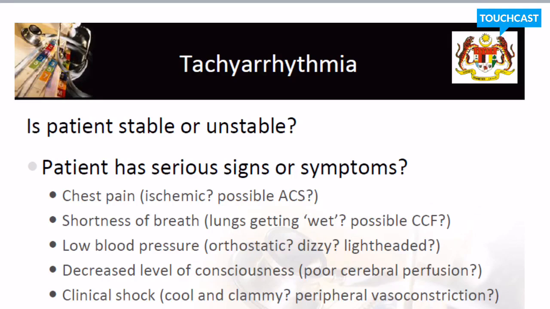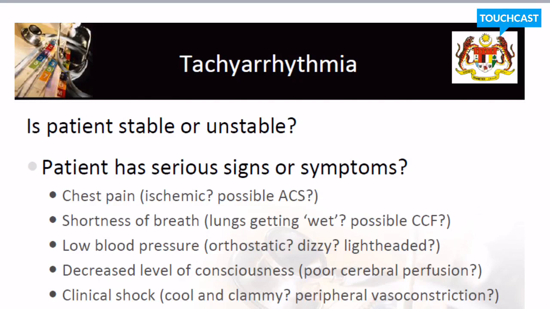Same thing when you assess for tachyarrhythmia. Again, heart rate of more than 90 is tachycardia, but if the heart rate is more than 150, you should not think only about sinus tachycardia, but you need to think about tachyarrhythmia. Regardless of the rhythm, you need to assess whether the patient is stable or unstable. The same questions as when you assess for bradycardia.